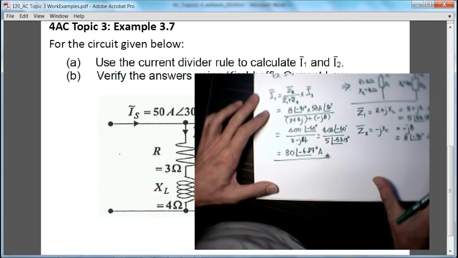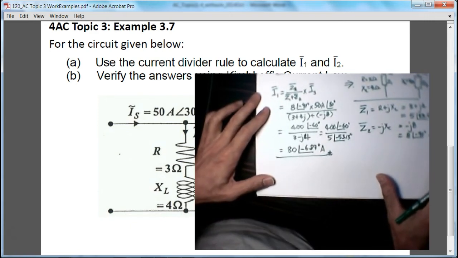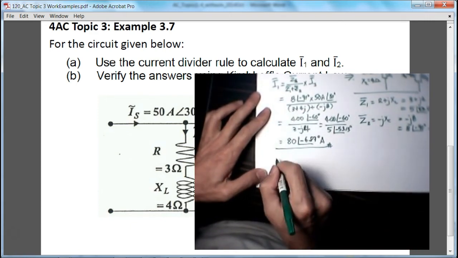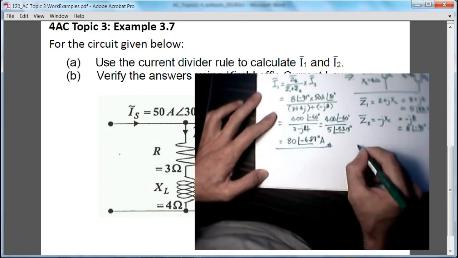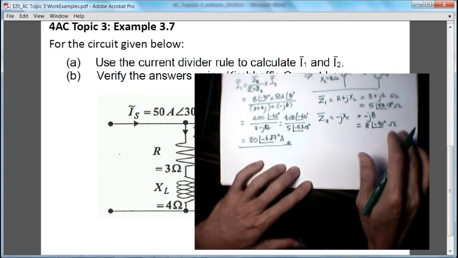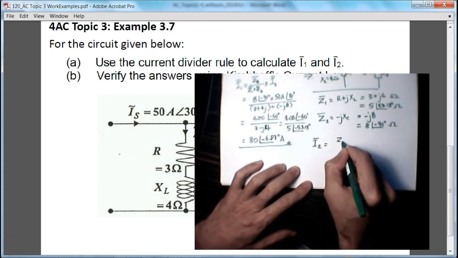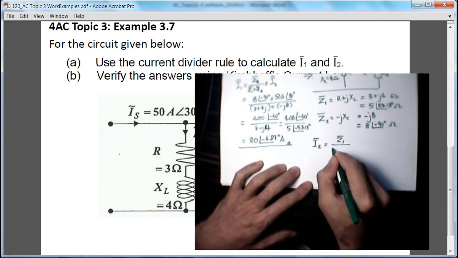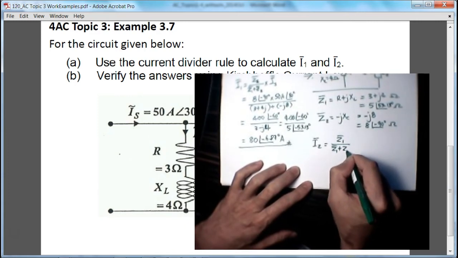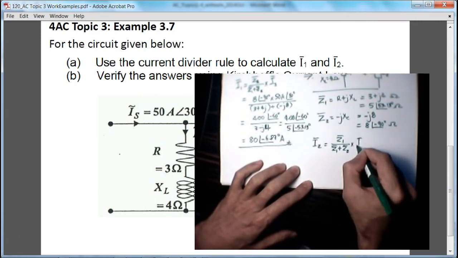Now for branch current I2, similarly I can use the current divider rule. I2 is equal to Z1 over Z1 plus Z2 multiplied by IS.